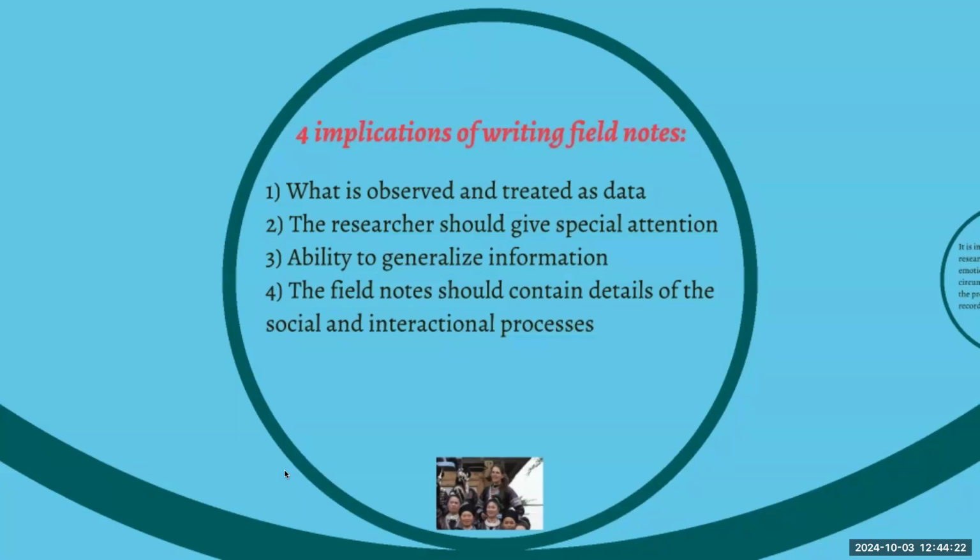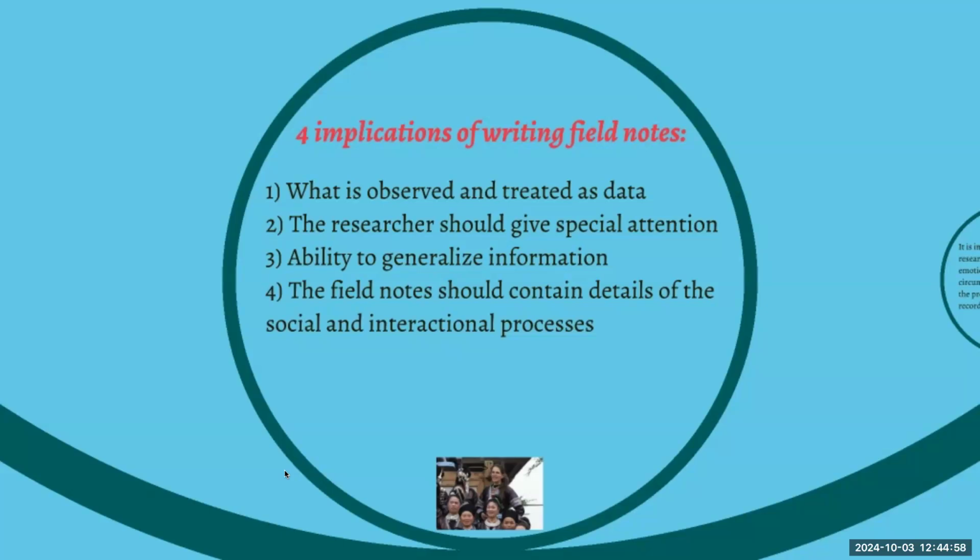These small, crucial elements can reveal so much about the people that you are studying, because a lot of things are nuanced. If it was that obvious, you probably wouldn't need to conduct that research. The third thing we're looking at is that field notes must allow for the generalization of information, meaning they should offer data that can be applied beyond just one specific event or instance. And the fourth thing is that the notes should also contain details of social and interactional processes.